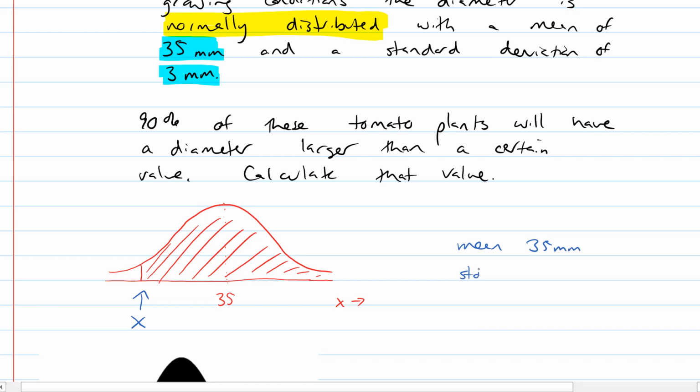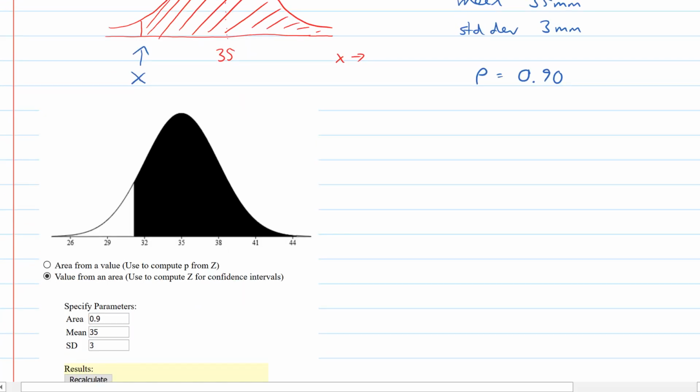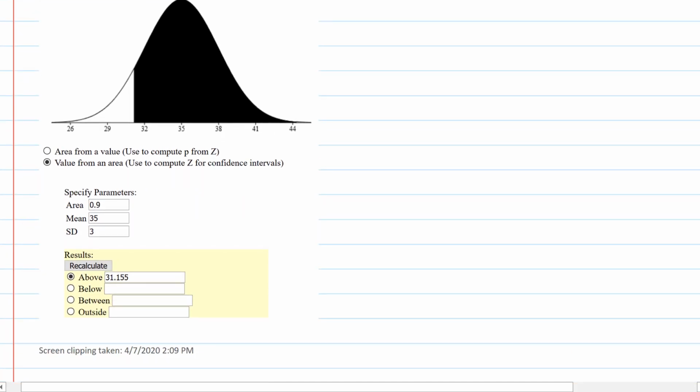Our standard deviation is 3 millimeters. Our probability P is equal to 90% or 0.90. And so we throw that into our handy little calculator. Notice that once again, I'm going to highlight the fact that we're choosing the second of the options, where we're finding the value from an area.